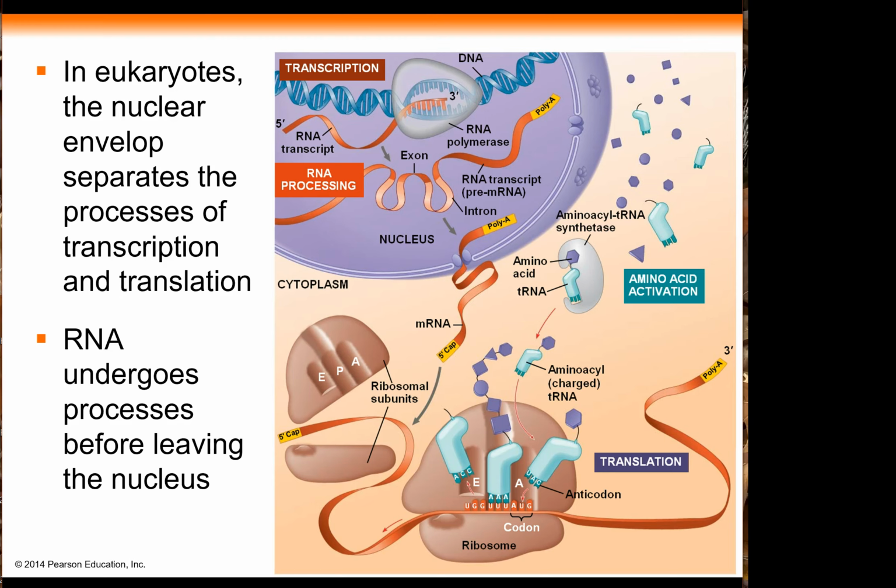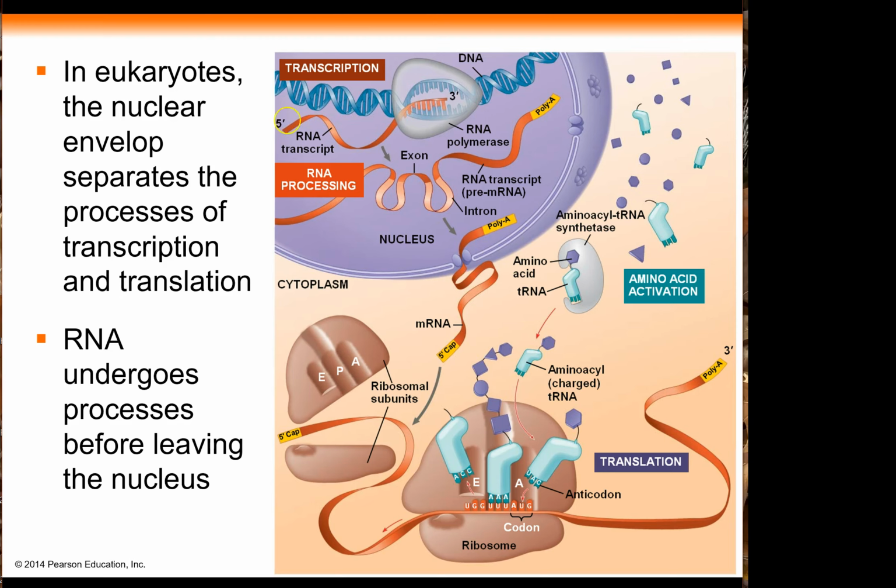For eukaryotes, we're a little bit slower just because we have that spatial separation between transcription and translation, right? So just to review the process, here we are in the nucleus. The DNA is in the nucleus. This is where transcription is going to take place. The RNA polymerase is going to transcribe the information for a gene to make the RNA transcript. Remember that RNA transcript in eukaryotes is not yet ready for translation.